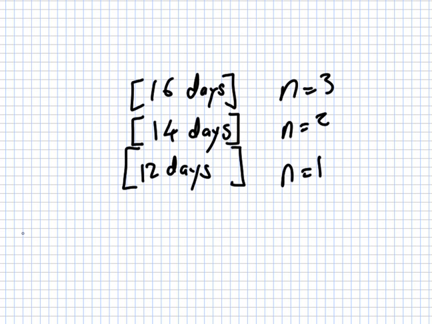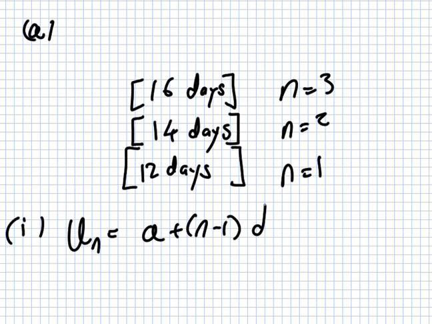The thing here is, is it arithmetic or geometric? Arithmetic, yeah. So the first thing they want is the formula, write down the nth term. So the first thing they want is un, that's a plus n minus 1 d. What's the a here? 12. And the d? 2.